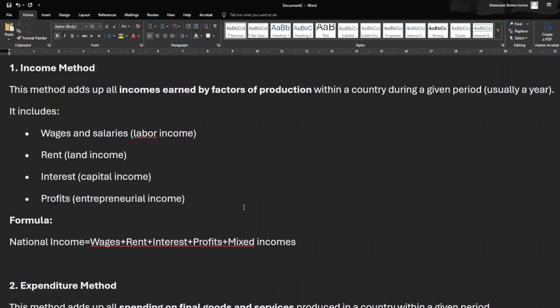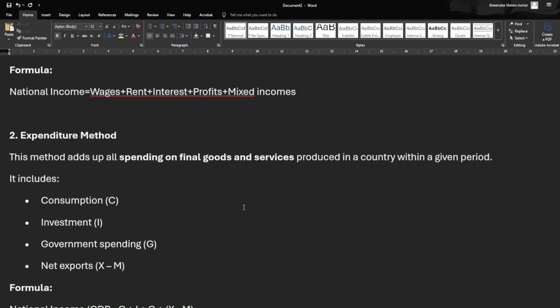Then we come to the expenditure approach. This method adds up all spending on final goods and services produced in a country within a given period of time. It includes how you are spending: consumption, investment, government spending, and net exports.